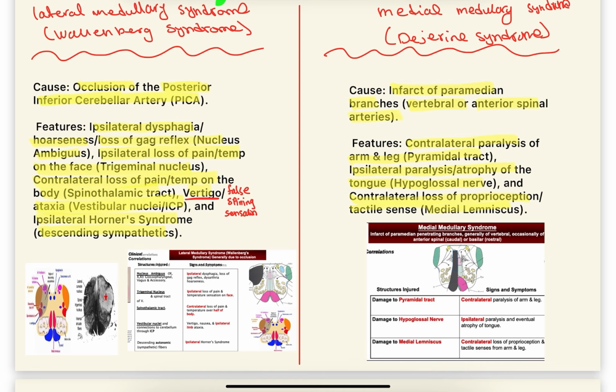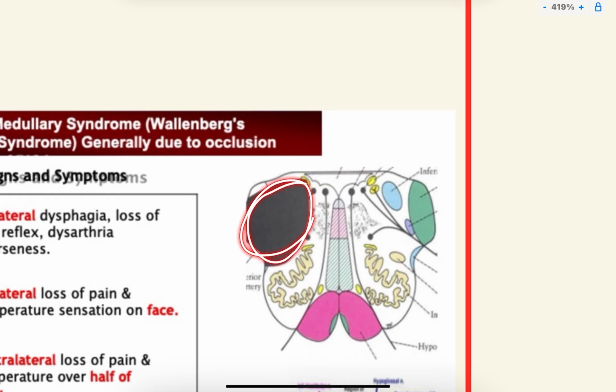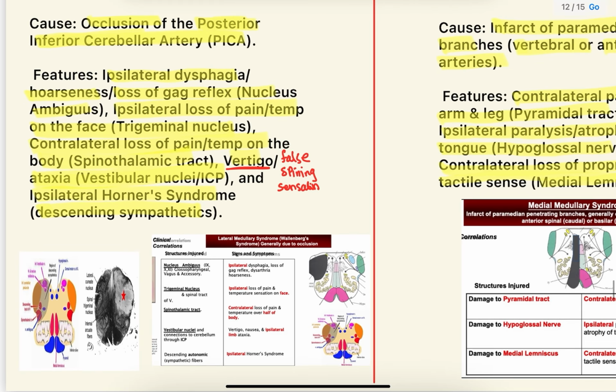Okay, so I will have the ipsilateral dysphagia and hoarseness, loss of gag reflex because of the ambiguus, and the loss of pain and temperature of the face because of trigeminal, and yeah, so it's here. The issue is here, not here. My bad. So the issue is here. Okay, contralateral loss of pain and temperature because of the spinothalamic will be affected too.